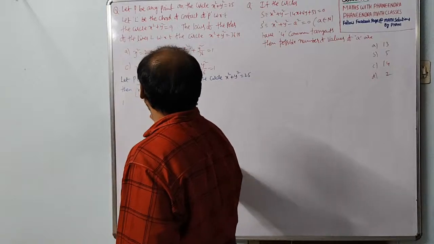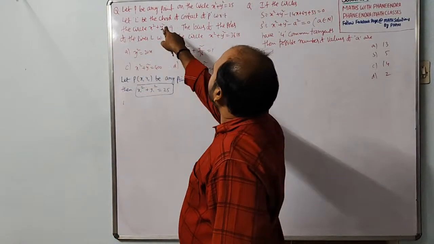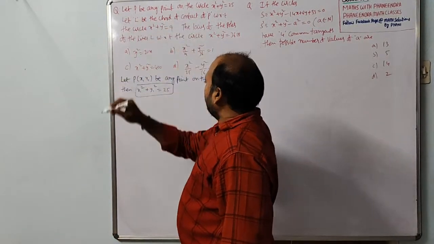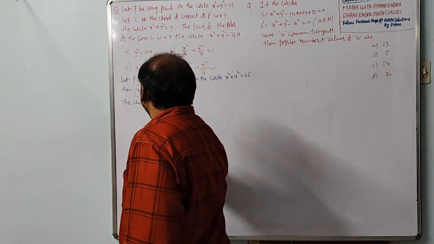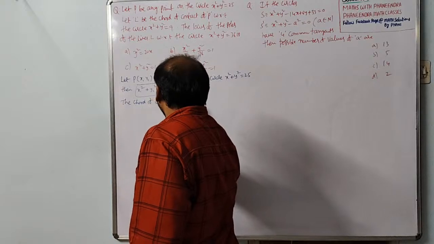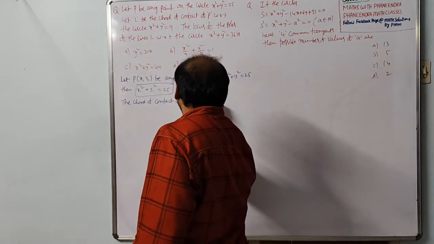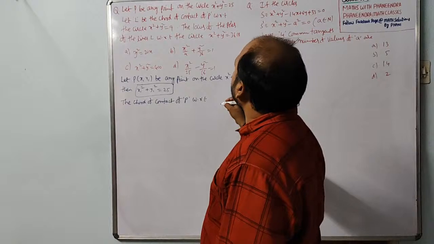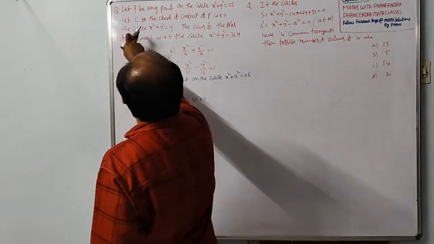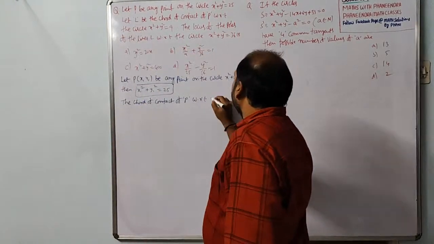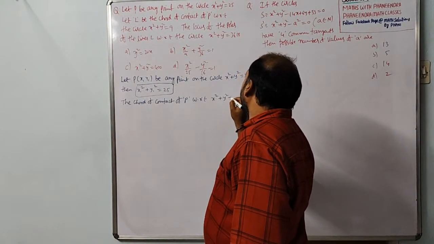Next, x1 y1 point is there. L is the chord of contact of P with respect to the circle x square plus y square equal to 9.